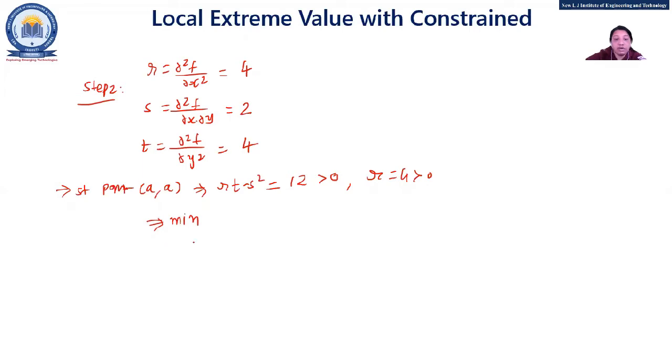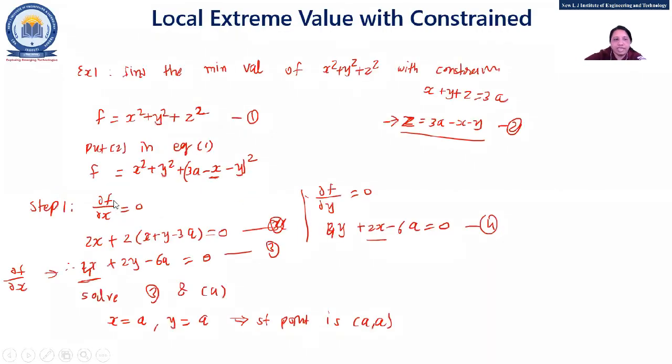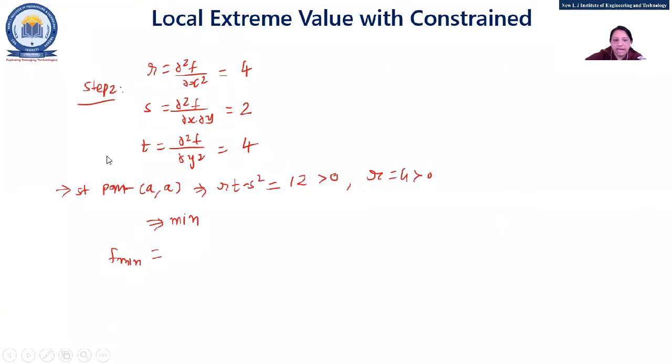Whenever this type of thing is there, you have to find f min. Our f is x square plus y square plus (3a minus x minus y) whole square.